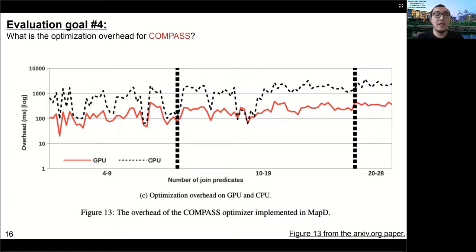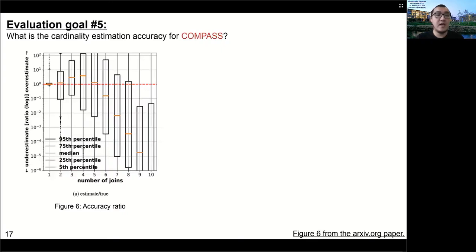Next, we evaluate the cardinality estimation accuracy for Compass. In terms of the accuracy, we evaluate the misestimations of Compass by computing the ratio between the estimation and the true cardinality results. As a result, Compass starts significantly misestimating only after 6 way joins.